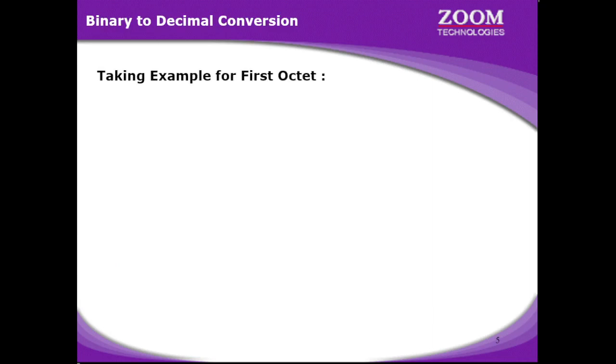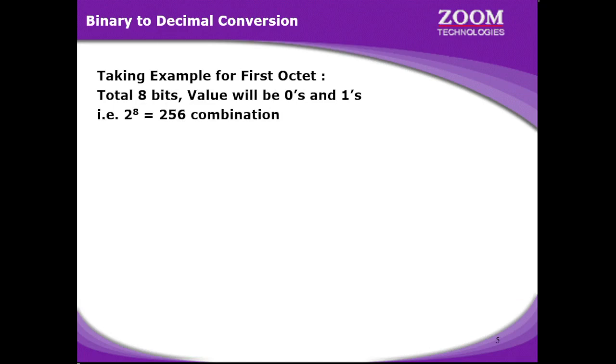So, let's review yung tinatawag nating binary to decimal conversion. Okay? So, taking example for first octet natin, meron tayong tinatawag na total of 8 bits. The value will be zeros and ones. So, for example, 2 raised to 8 is 256 combination or 256. Bakit po? It's 2 times 2 times 2 times 2 times 2. Diba?